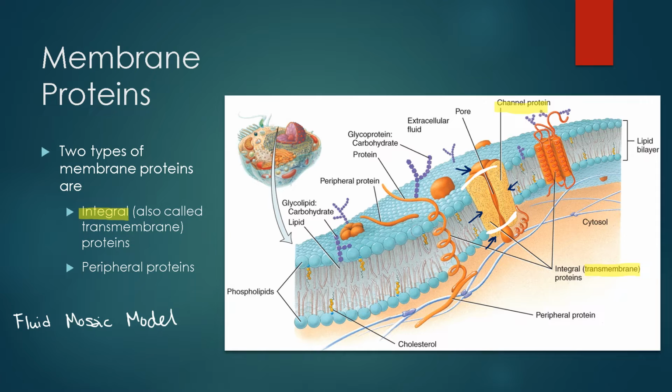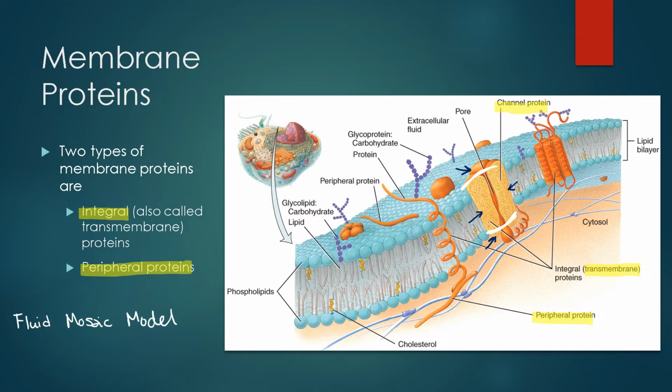Then we have peripheral proteins. Like their name implies, they're not as firmly embedded in the membrane like the integral proteins. These peripheral proteins, we can see one right here, are attached just to the polar heads of the lipids, or sometimes they're attached to the integral proteins at the inner or outer surface of the membrane.